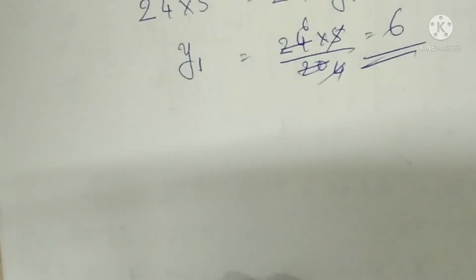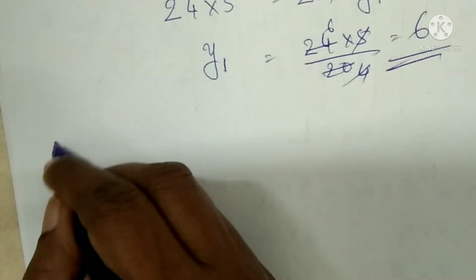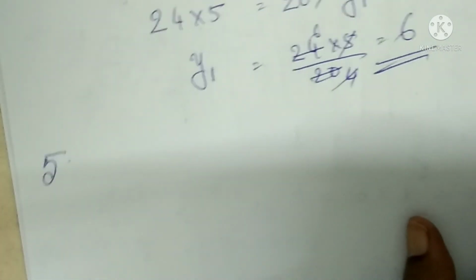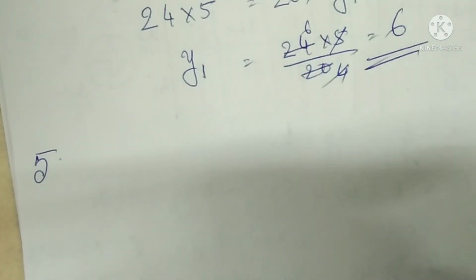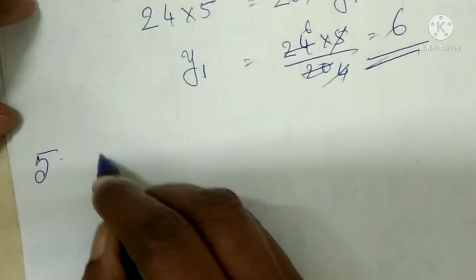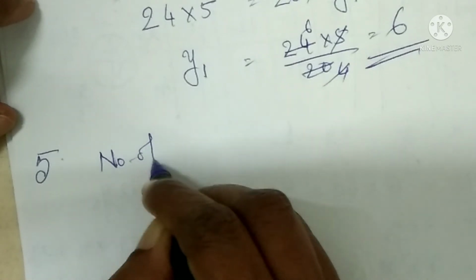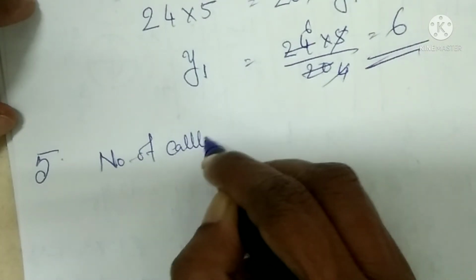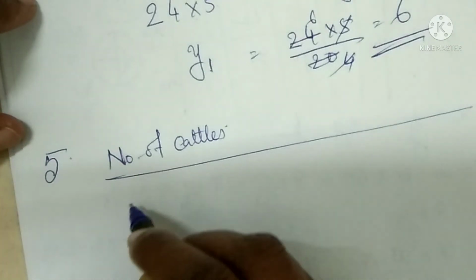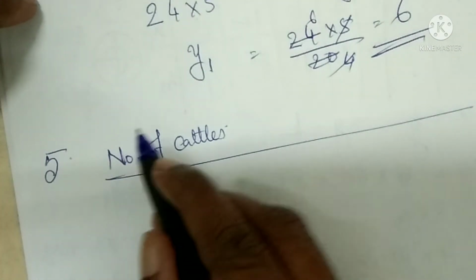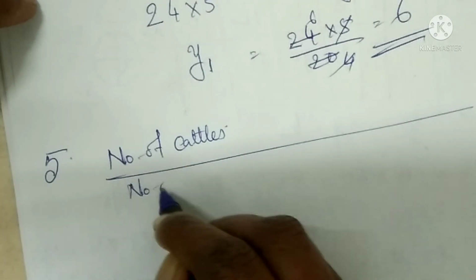Now question number 5. A farmer has enough food to feed 20 animals in his cattle for 6 days. That means, if number of cattle and number of days.